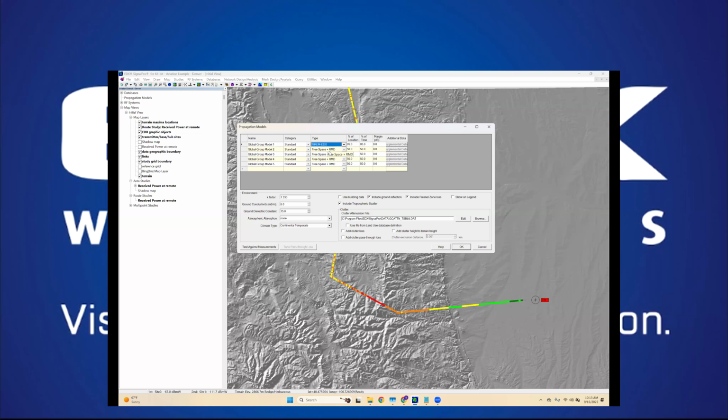If we're talking about any sort of governmental aviation project, they will often choose TIREM, which is still a terrain path-based model like the Anderson 2D, but it includes some extra terrain roughness correction factors that may become relevant if you've got rough terrain beneath the path between your site and the aircraft.